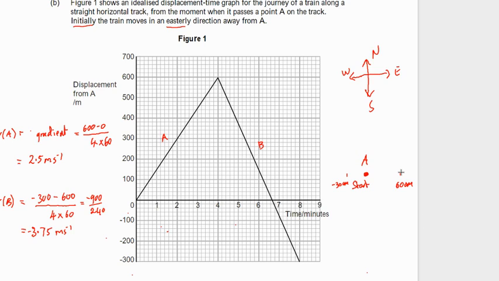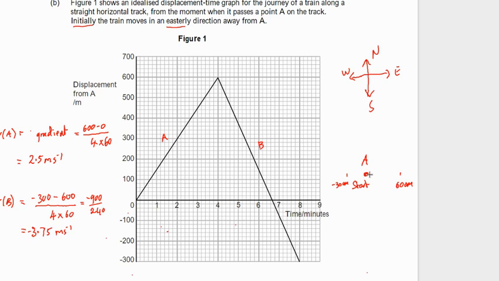Okay, then from 4 minutes to around about 6.7 minutes, you go from 600 meters from A back down to zero.